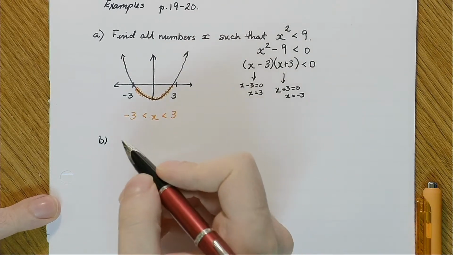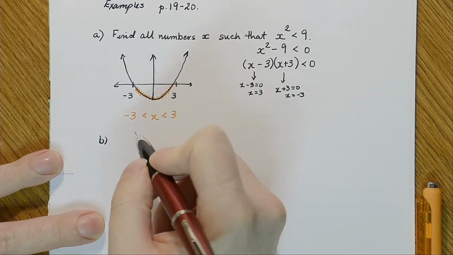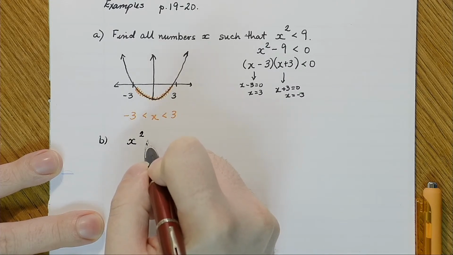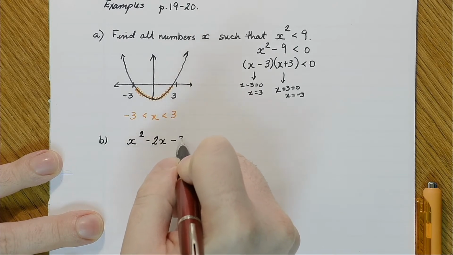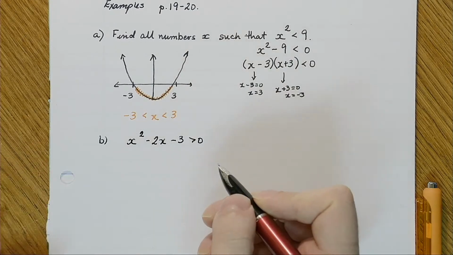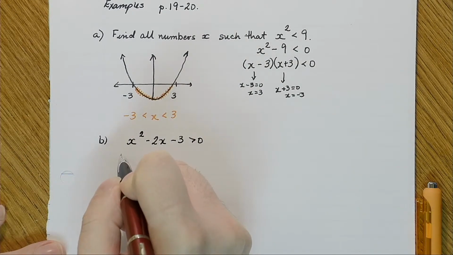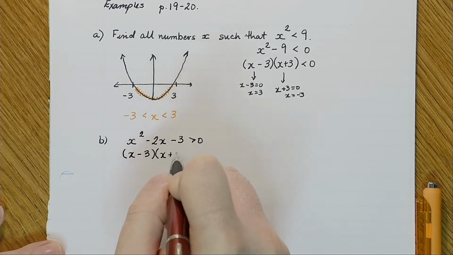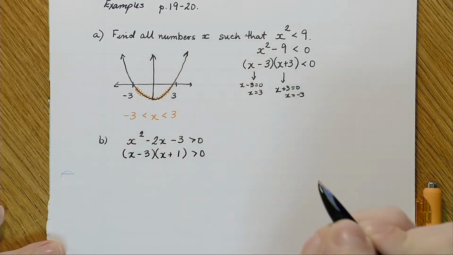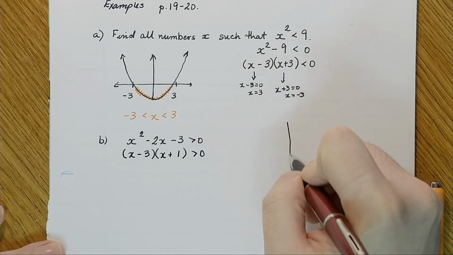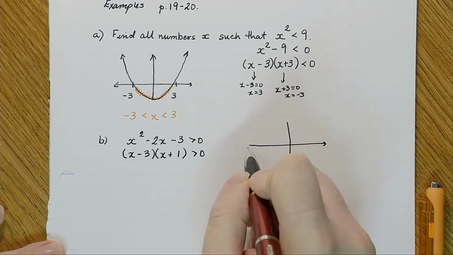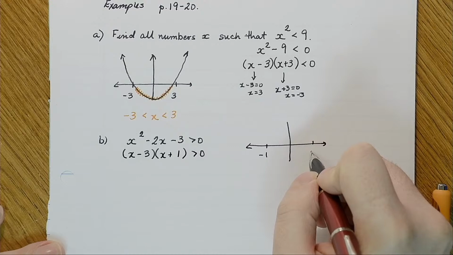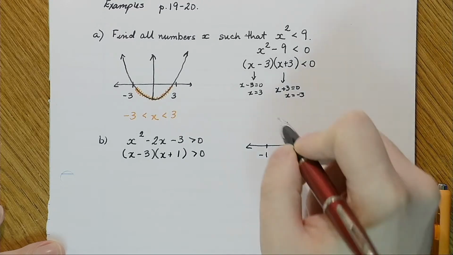Now, if we need to find all the numbers x such that x squared minus 2x minus 3 is greater than 0, again, we can factorize that. Breaking that down, it becomes x minus 3 and x plus 1. Again, it's still a quadratic opening upwards, with zeros at minus 1 and 3.